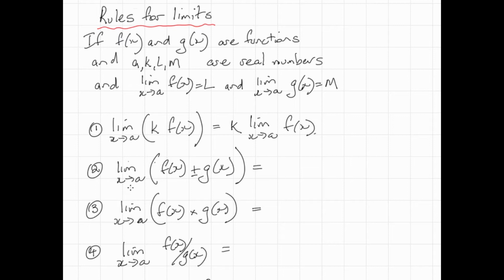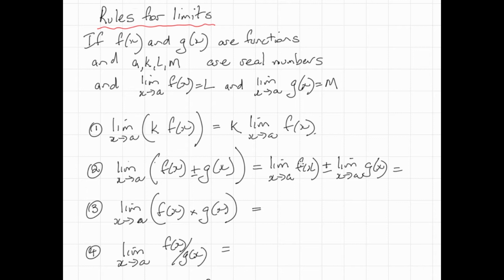The second one here applies to both the positive and the negative. So the limit as x approaches a, now we know that the limit of each of the individuals exists, so that'll be equal to the limit as x approaches a of f of x, plus or minus, it won't be both obviously, it'll be one of those, the limit as x approaches a of g of x.